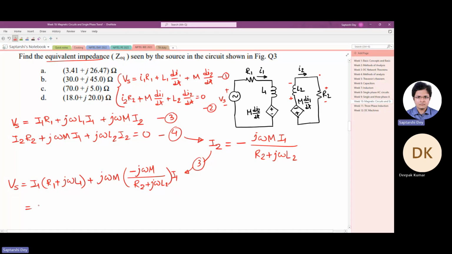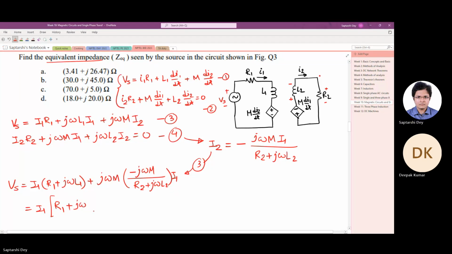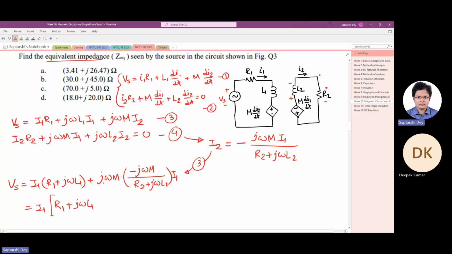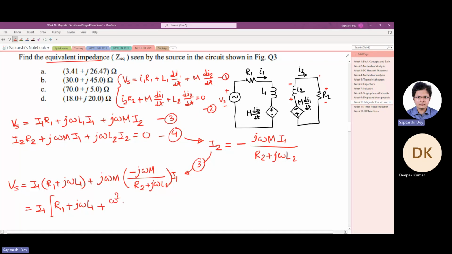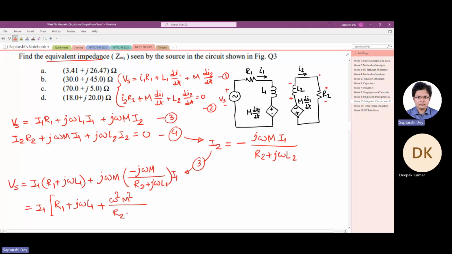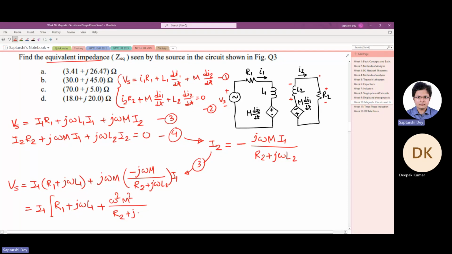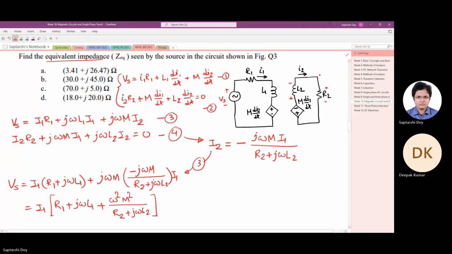So I1 again I can take common, I1 R1 plus j omega L1. Now here you see j times j is minus 1, minus 1 gets cancelled, so it becomes plus omega squared M squared by R2 plus j omega L2. So this is the equivalent impedance that the circuit sees, sorry, that the voltage source sees.